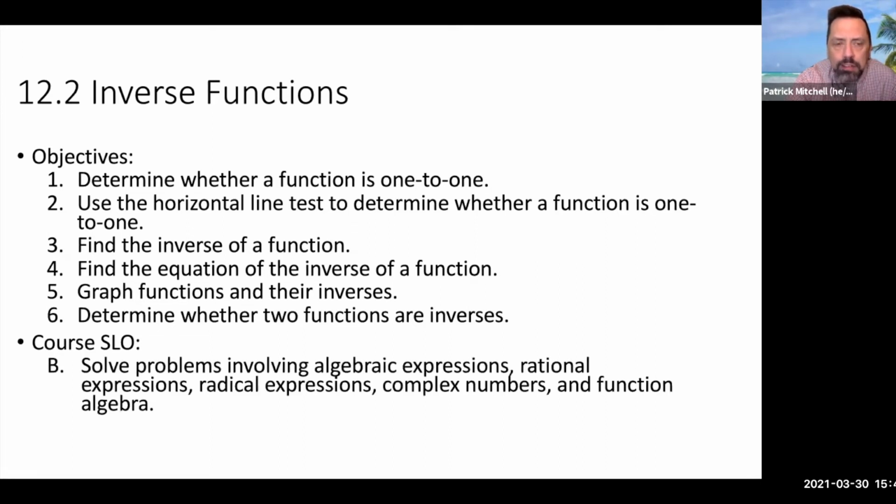And this is still SLOB, just like in the last section. And by the way, we're building up to the main topic of this chapter, which is exponential and logarithmic functions. As you will find out over the next couple of sections, exponential and logarithmic functions are inverses of each other.